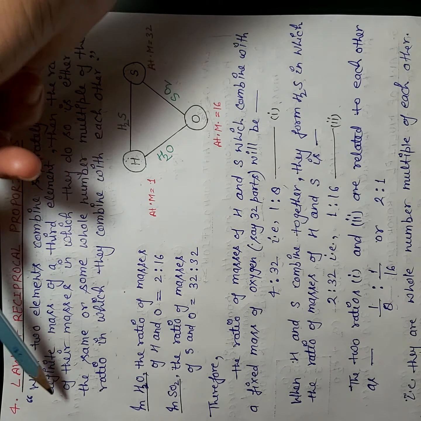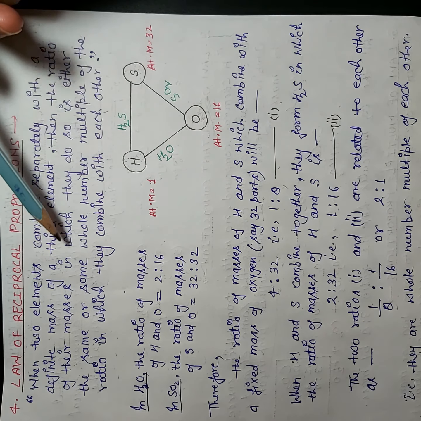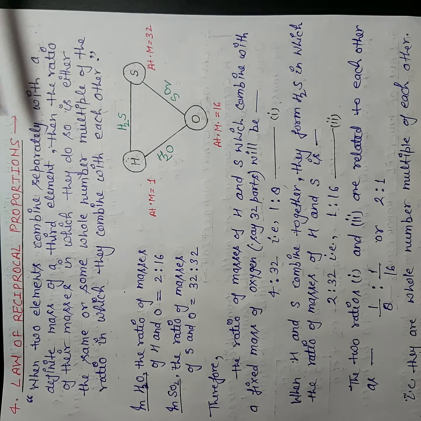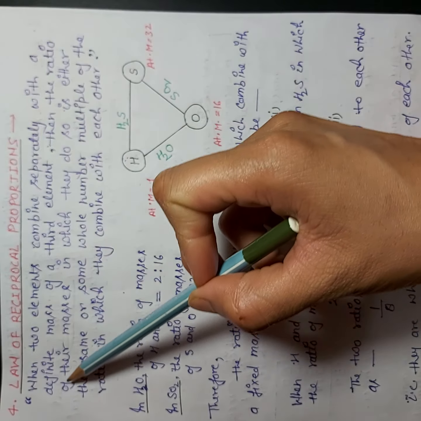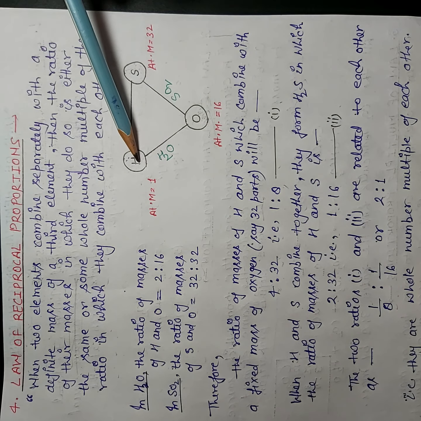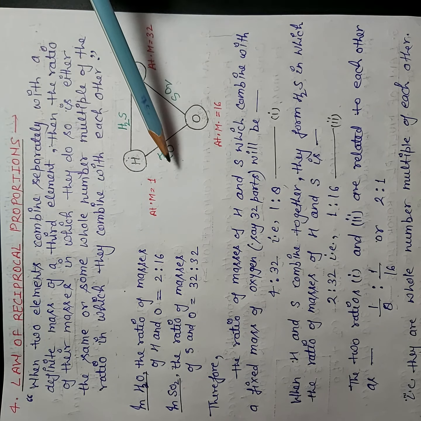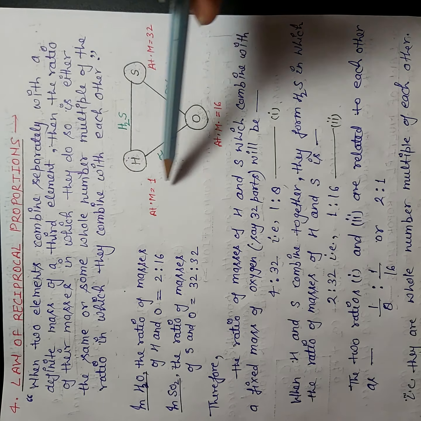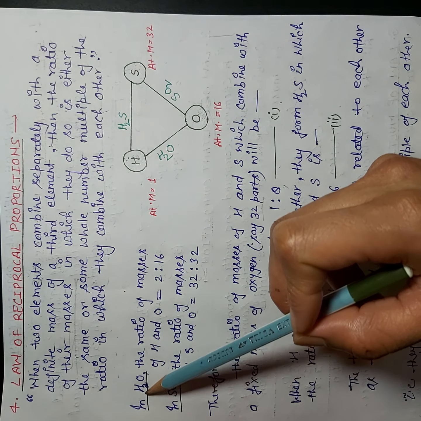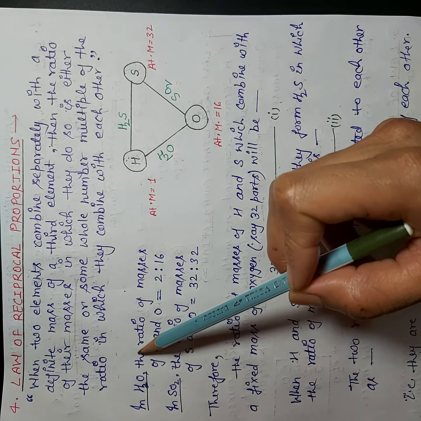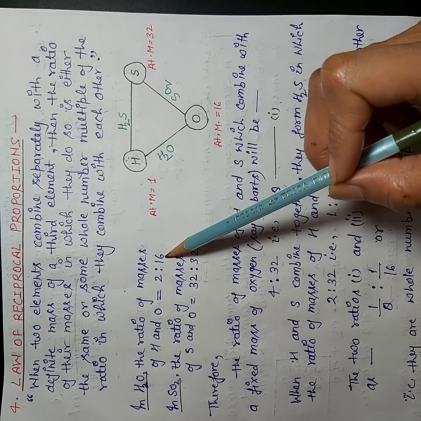Then the ratio of their masses in which they do so. Let's check their masses. When hydrogen combines separately with oxygen to form H2O, the ratio of masses of hydrogen and oxygen equals 2 is to 16, obviously, because H2 is 1 is to 2, and for oxygen 16.